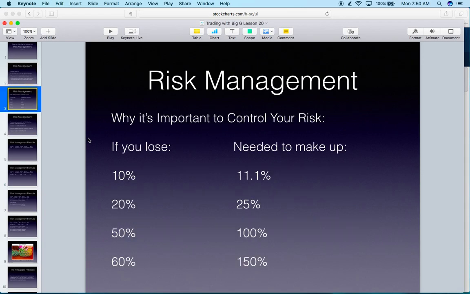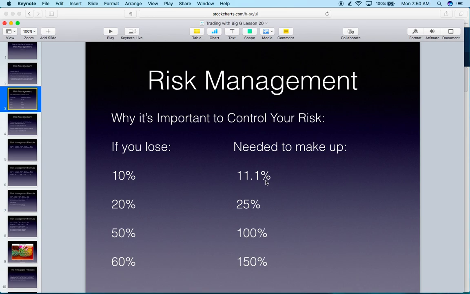Well, if you lose 10% of your account, maybe on one trade or several trades, it only takes about a little over 11% to make that up. Now, think about that for a minute. Just kind of do the math in your head. If you have, let's say, a $10,000 account and you lose 10% of that account, you lost $1,000, so you have $9,000, right?